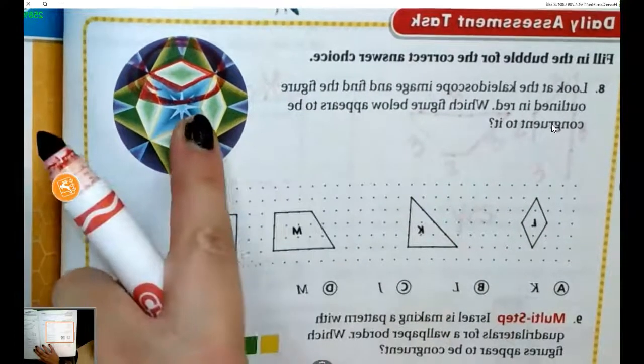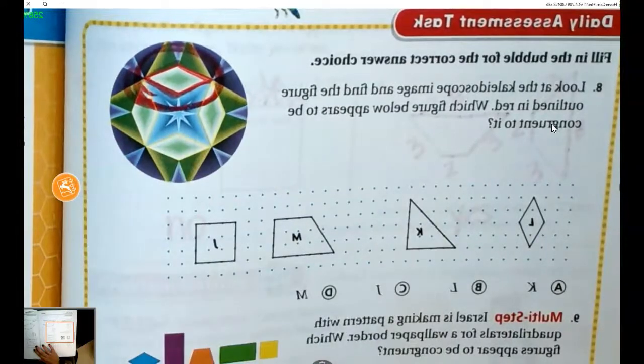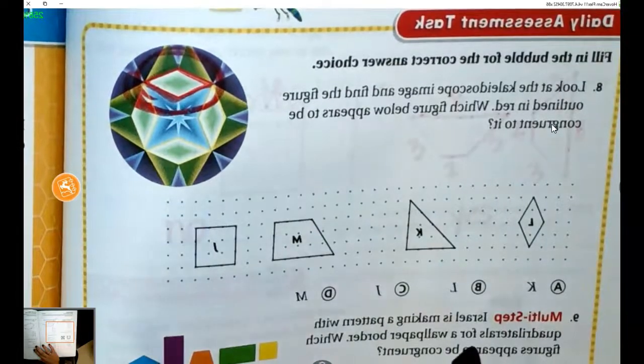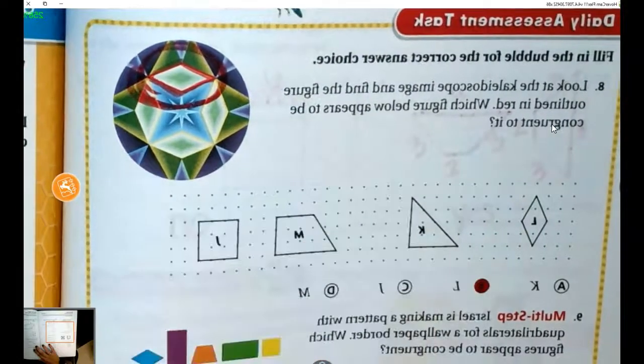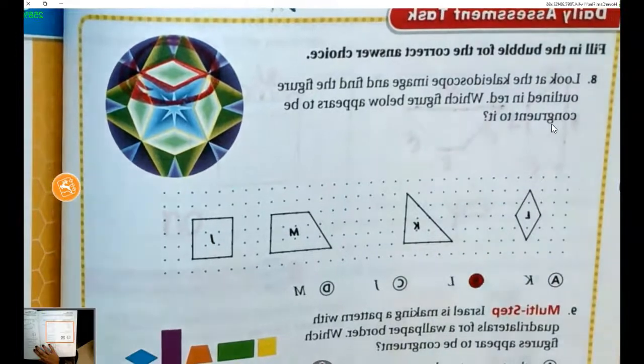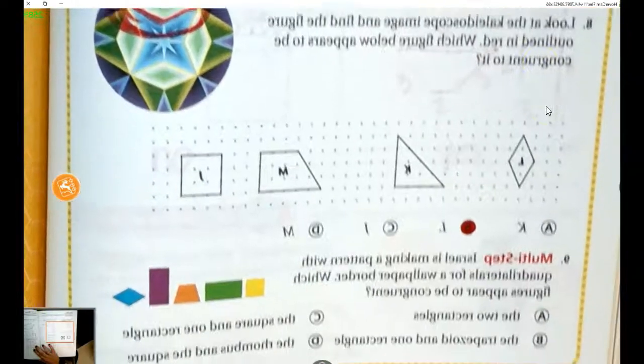If I had to name it, what shape would it be? Nope, not a trapezoid. Kaylee? A rhombus. Good. 4 equal sides. No right angles. You are correct. It is congruent to L.